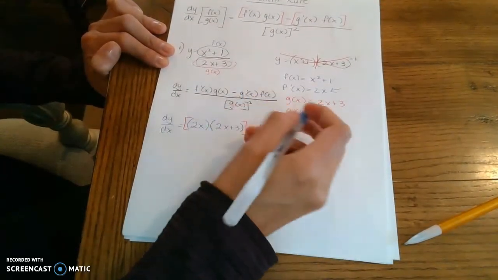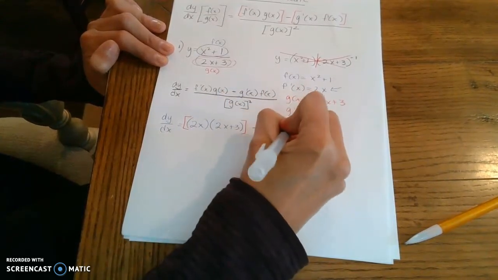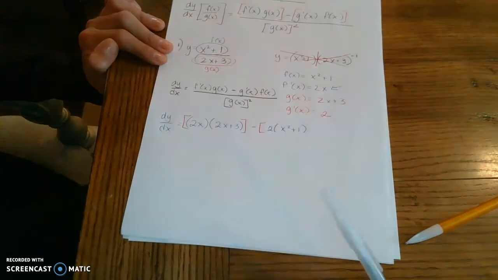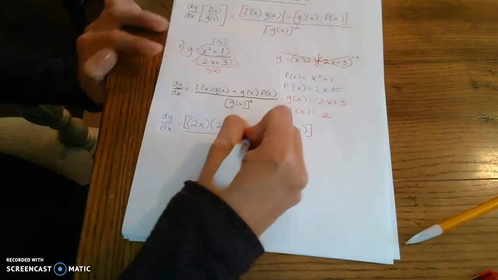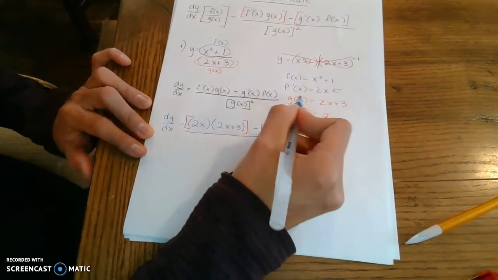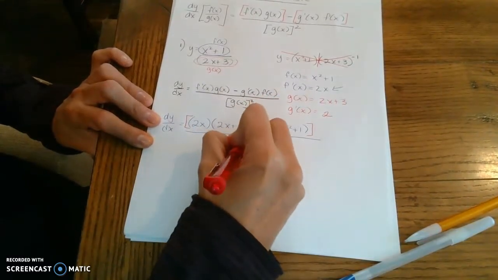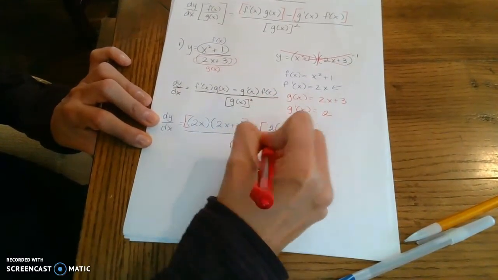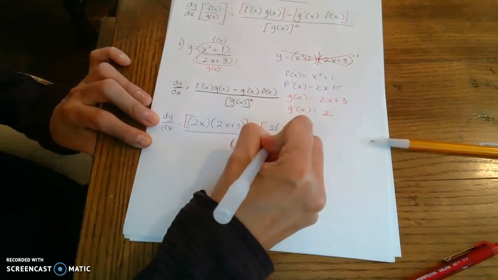The derivative of the second is just 2, times the first, which is x squared plus 1, all over the second squared. So we're going to put here the second, 2x plus 3, and that is being squared.